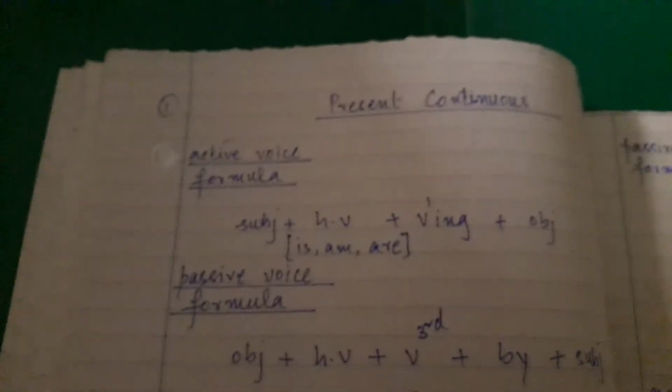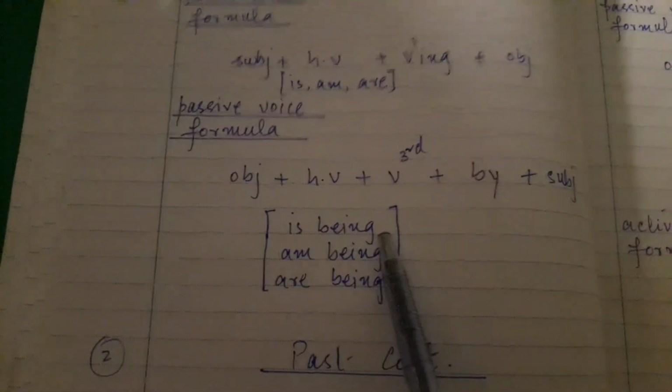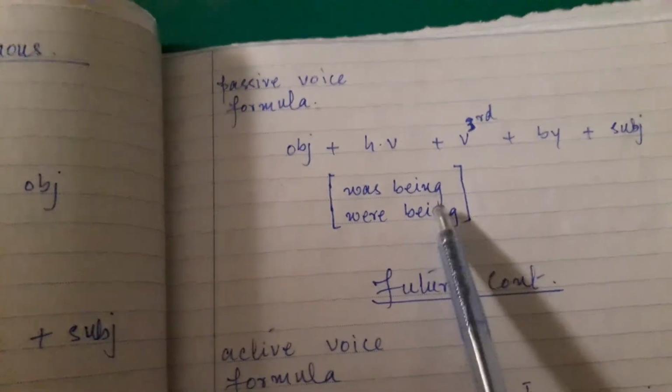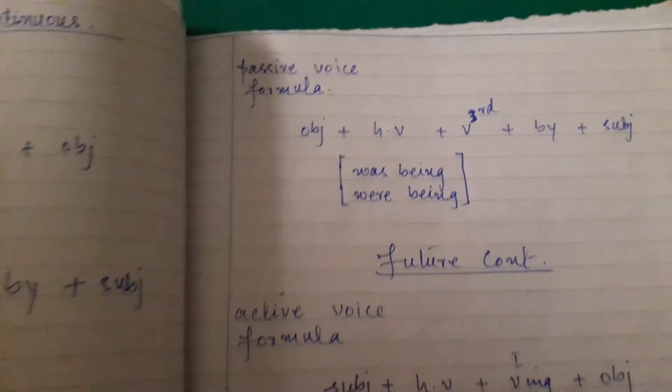Only two continuous tenses can be changed into passive voice: present continuous and past continuous. In present continuous, in passive voice we use is and are along with being, and in past continuous we use being for continuous with was for the past tense.